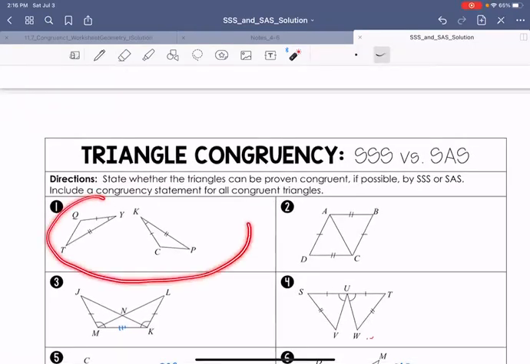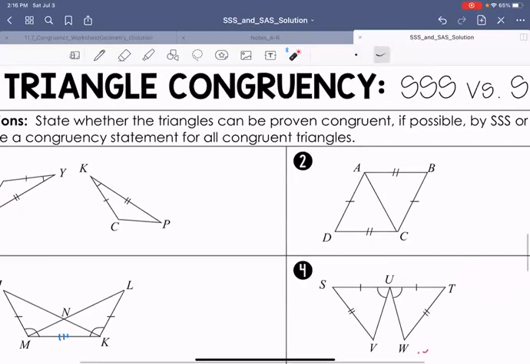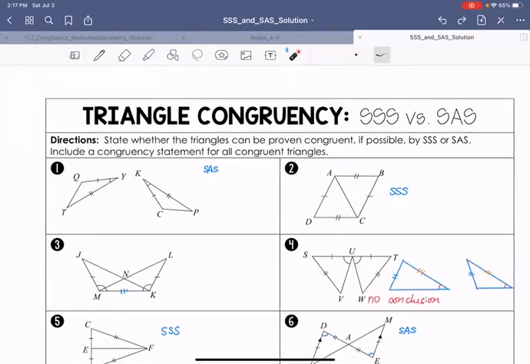How about this one? SAS. And the last one is side angle side. Okay.